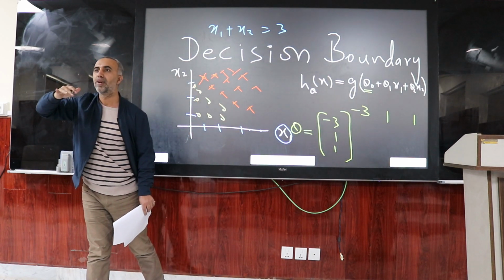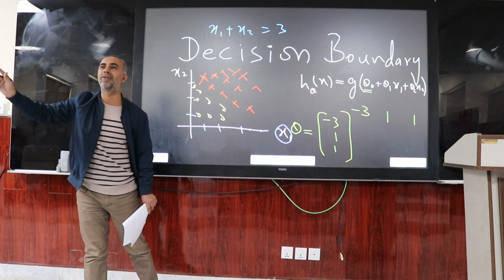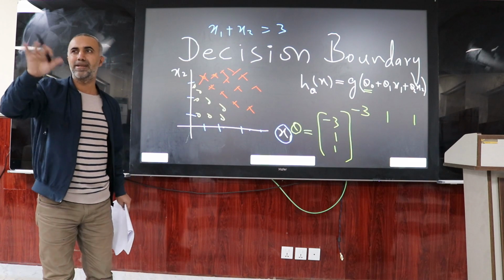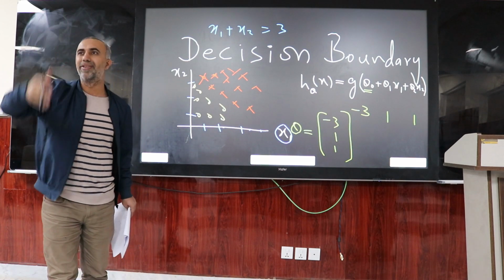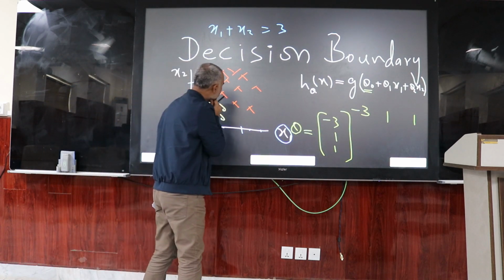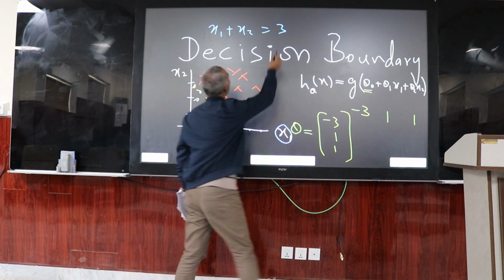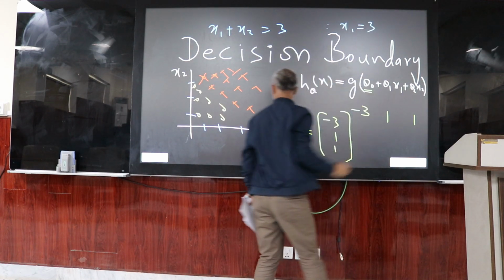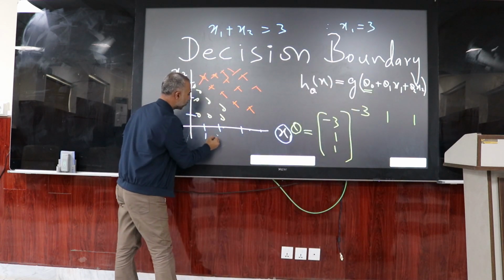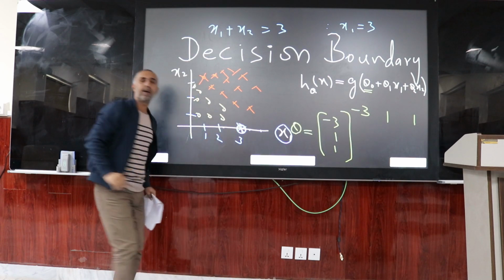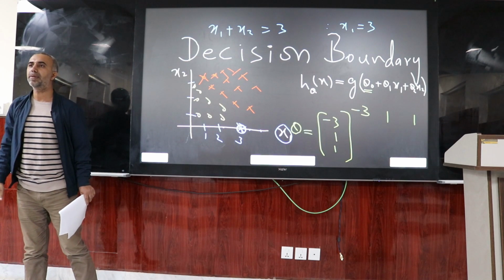Suppose it's the y, but I did not use y because we usually use y for prediction. So x2 is the vertical axis, no height, so this is 0. In this situation, your x1 is equivalent to 3. So here 1, 2, 3. This is the point. Are you getting my point?